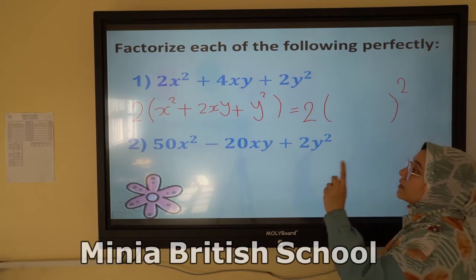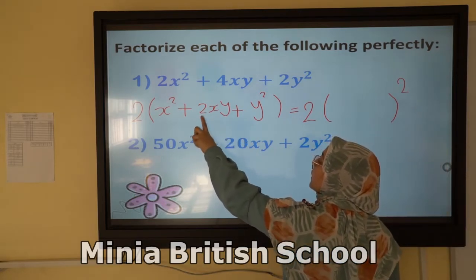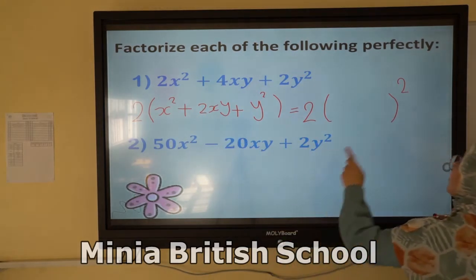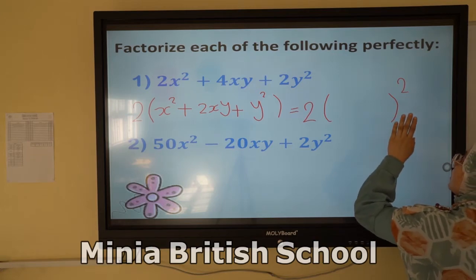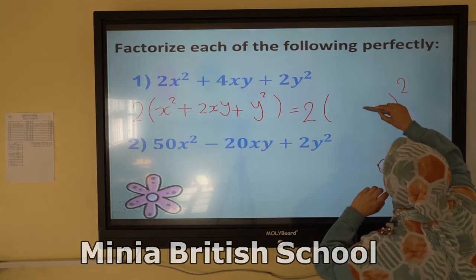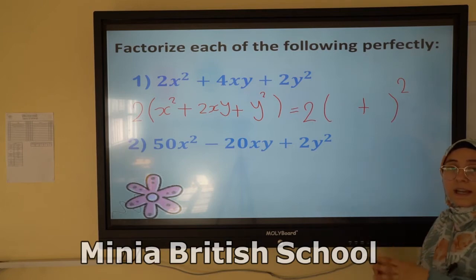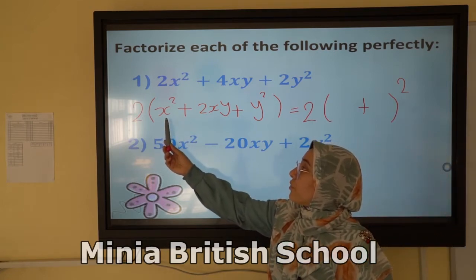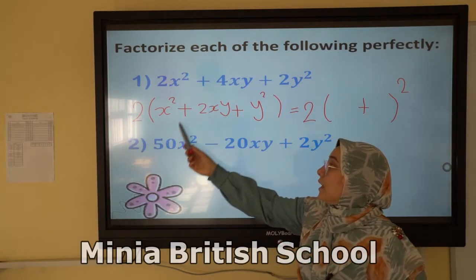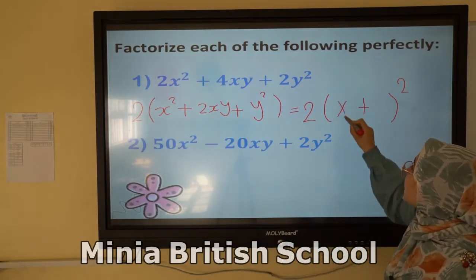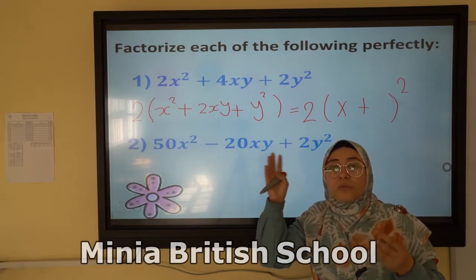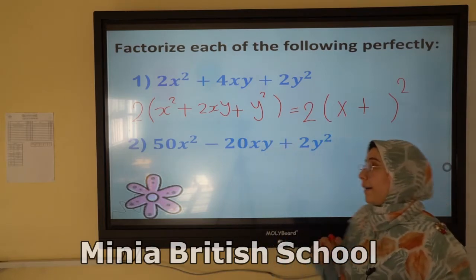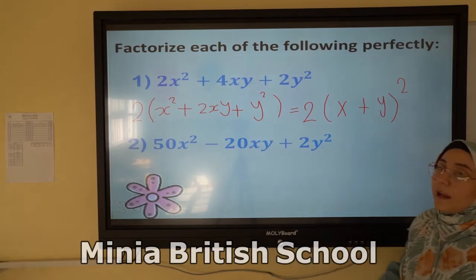Second step, the sign of the middle term here is positive, so you must write positive inside the arc, okay? Now, the square root of the first term, x power 2, is x, and the square root of the second term, y power 2, equals y. Now we finish.